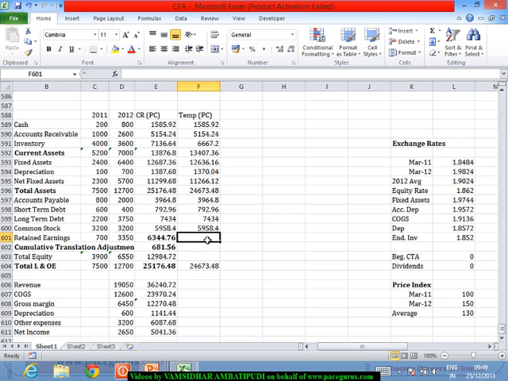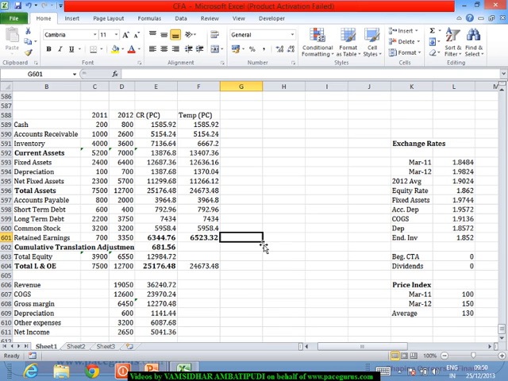So the retained earnings I can compute directly from the balance sheet itself, as the difference between the total assets and the summation of these four elements. So 6,500 is what is coming out as retained earnings. We'll discuss this retained earnings later, but right now 6,500 is what comes from the balance sheet.